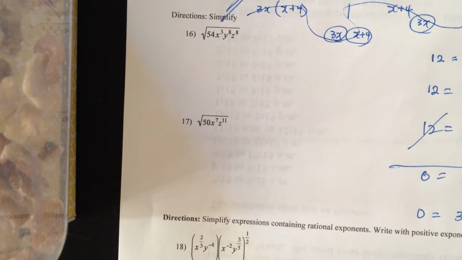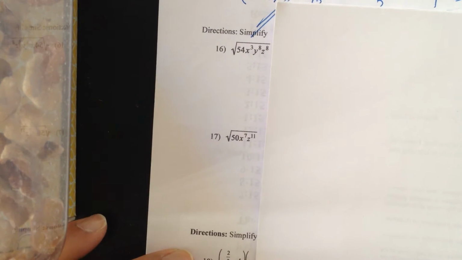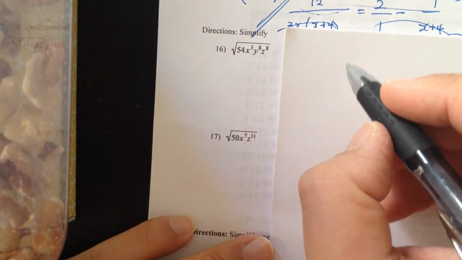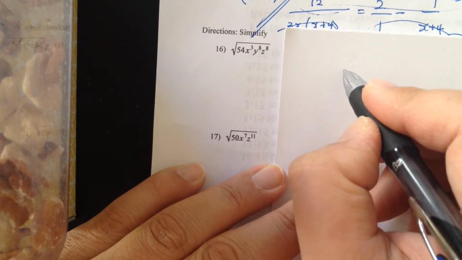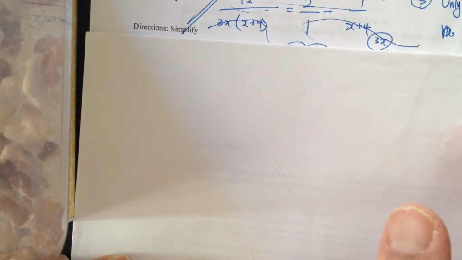Okay. Now let's do number 17. So I'll do number 17, I mean 16. So here the idea for radicals is, here's a quick idea. Let me just give you the quick idea.